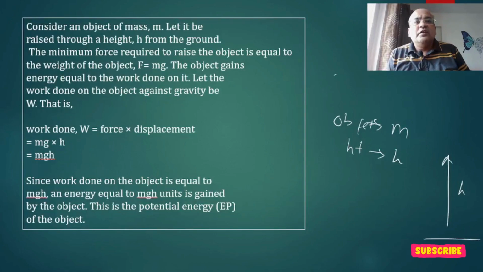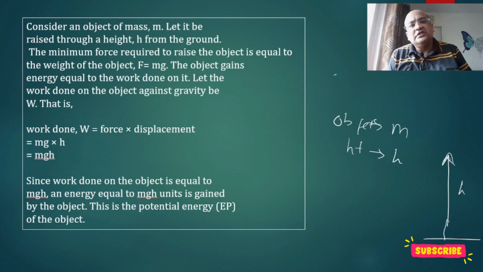Now let's consider an object of mass m, and let it be raised through a height of h. The minimum force required to raise the object is equal to the weight of the object.